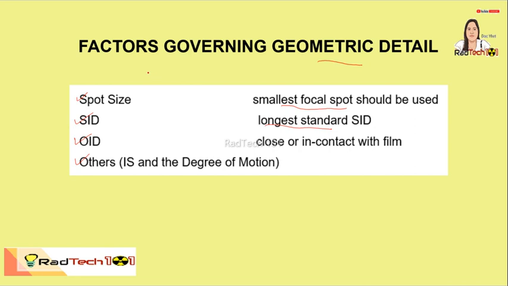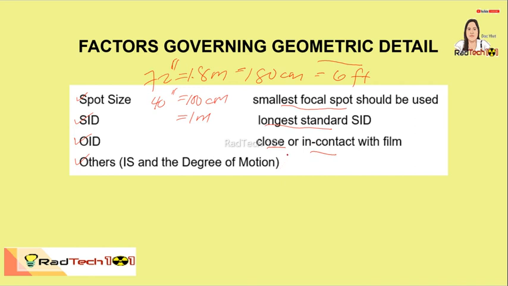The SID is 72 inches for chest radiography, which is equivalent to 1.8 meters, or 180 centimeters, or 6 feet. For tabletop, it is 40 inches, equivalent to 100 centimeters, or 1 meter. For the OID, maintain close or in contact with film.